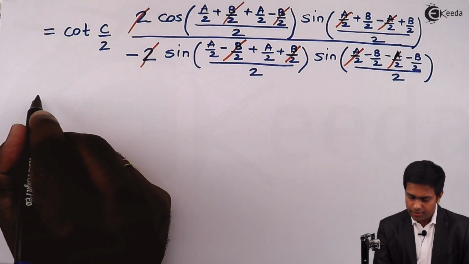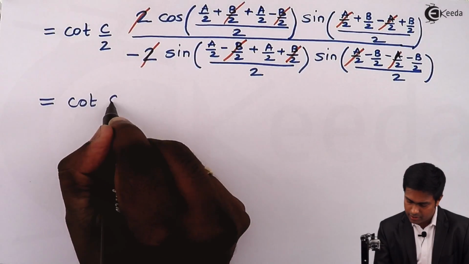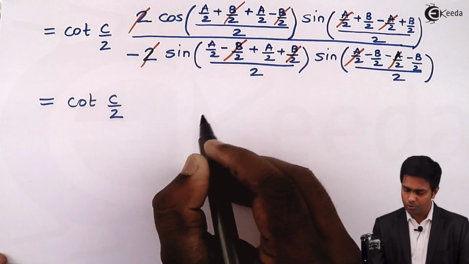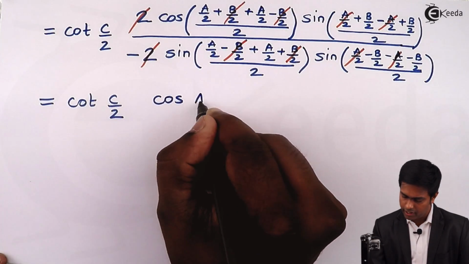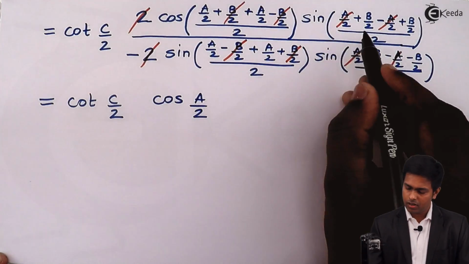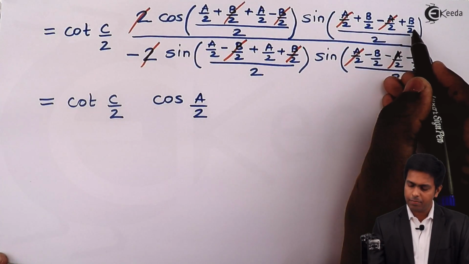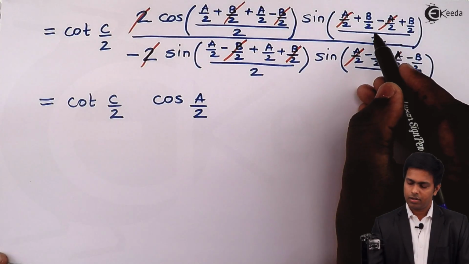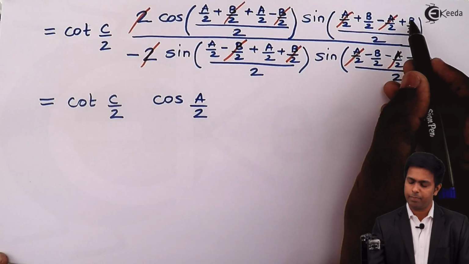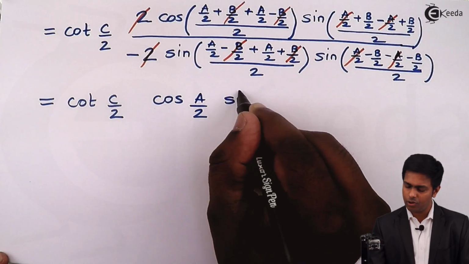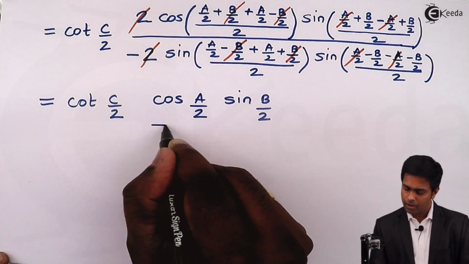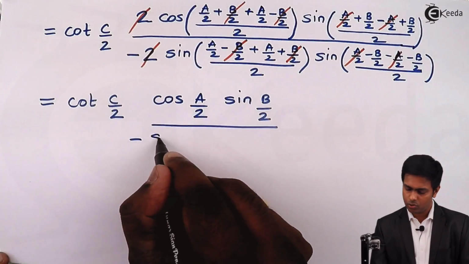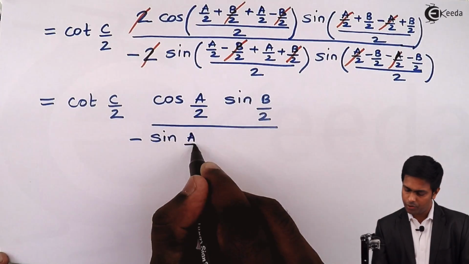Now let's see what we get. So it is cot(C/2), in the numerator A/2 plus A/2 is A upon 2, so here I'll say cos(A/2). Here B/2 and B/2, that is 2B upon 2, 2 cancel, so we'll get B upon 2, that is sin(B/2). In the denominator negative sign is there. Here A/2 plus A/2 is A, so sin A upon 2, that is sin(A/2).